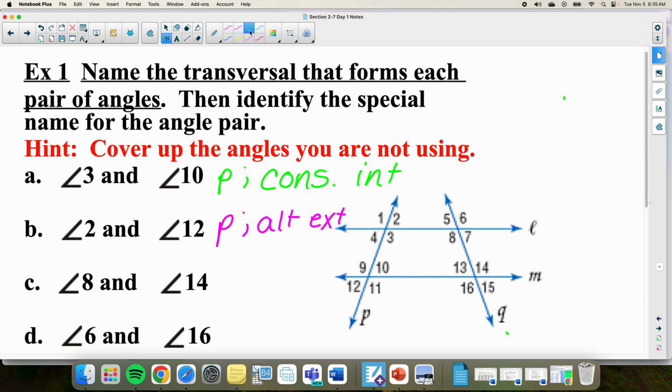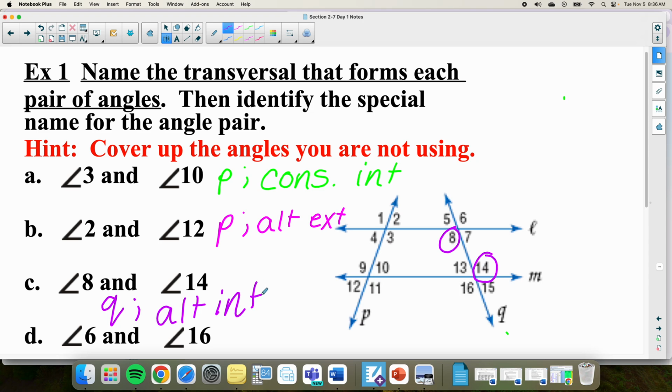Then if we look, our next one is 8 and 14. So here's 8, here's 14. Now really, you can completely ignore this. What is the line that both 8 and 14 lie along? Q. And can anyone tell what kind those are? Alternate interior is correct. They're inside and they're on opposite sides of the transversal.